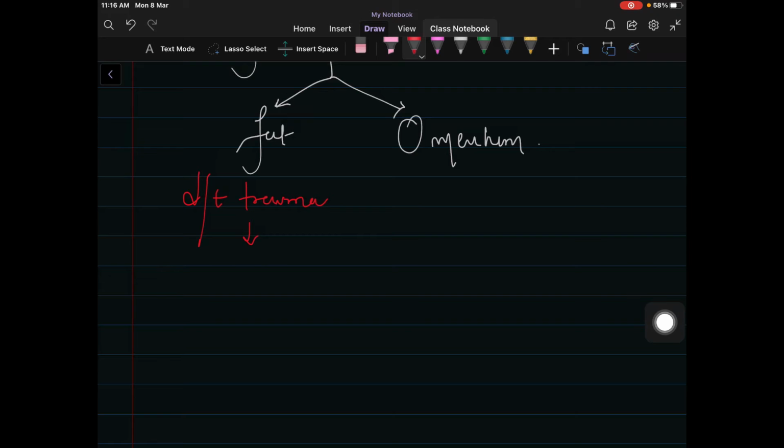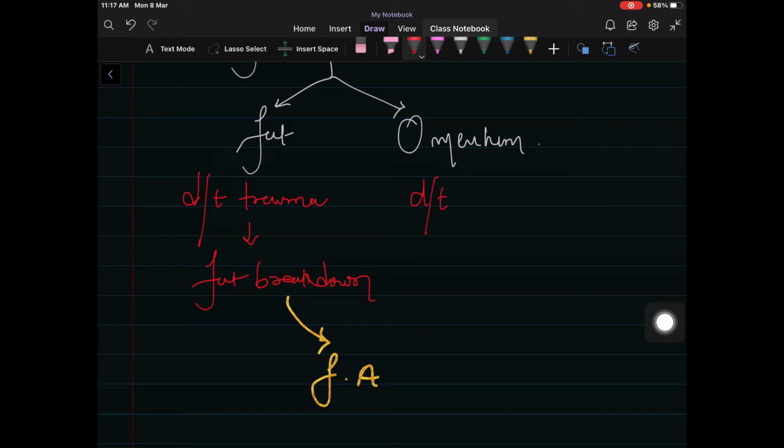In the case of the omentum, the omental fat is broken down in acute pancreatitis.